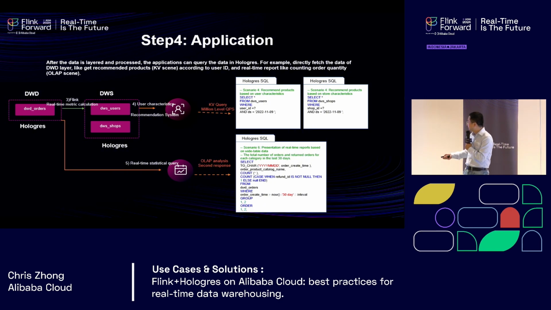And also for self-service, we can provide filtering from the DWD details data. That provides more flexibility for the applications to do the query, because we can query from the DWD wide table, and the wide table has the full information. We can query from the DWD details table. Yeah, that's for the OLAP and self-service analytics scenario.